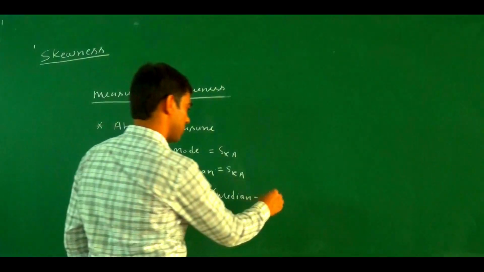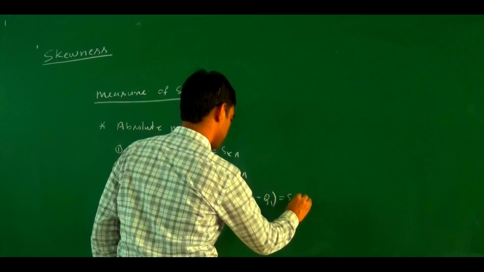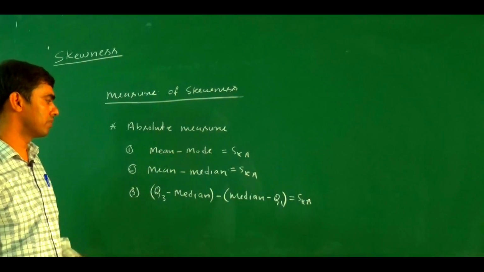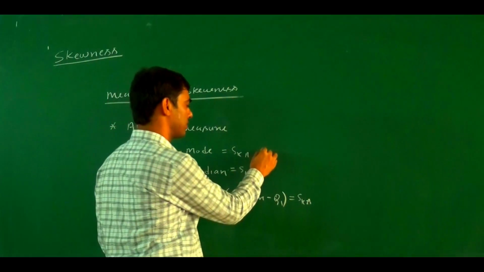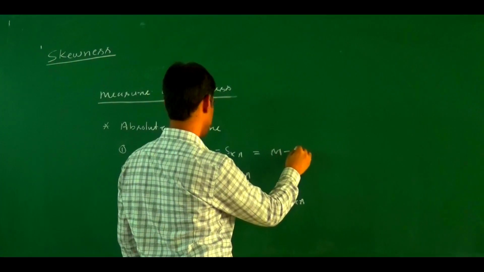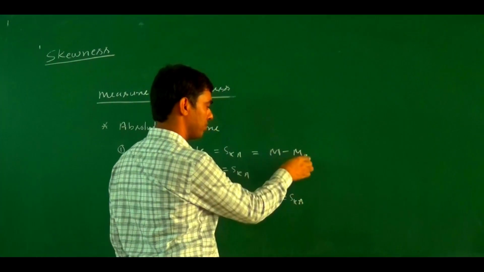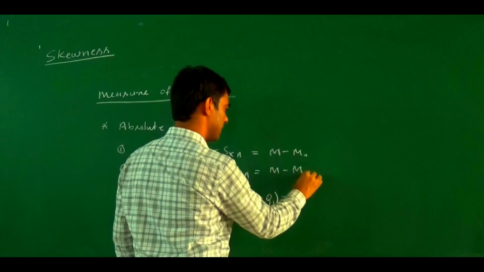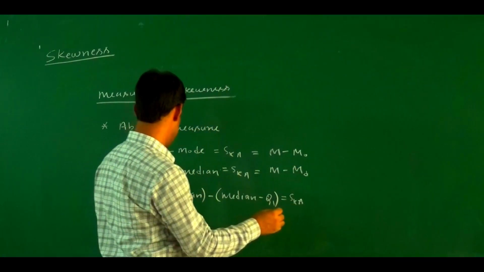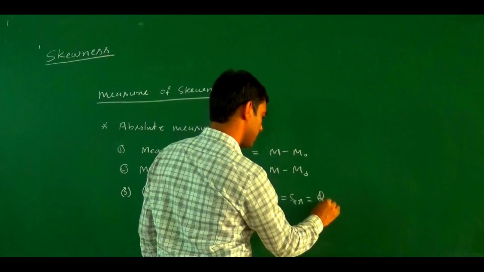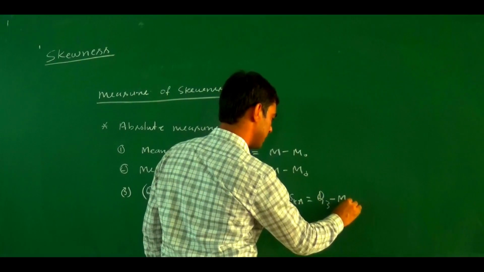So that is also an absolute measure. So mean minus mode, in terms of notation, is M minus MO. Mean minus mode, mean minus median MD, and SK equal to Q3 minus MD.